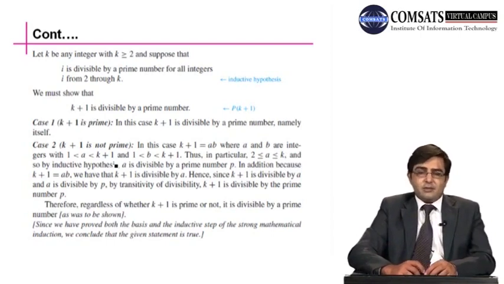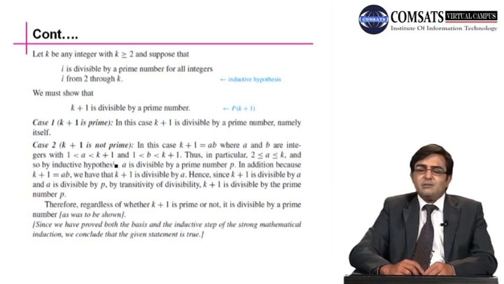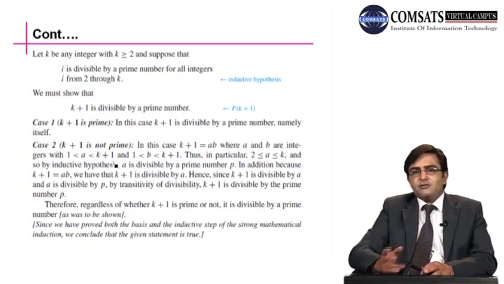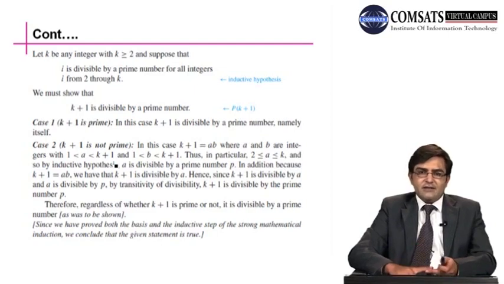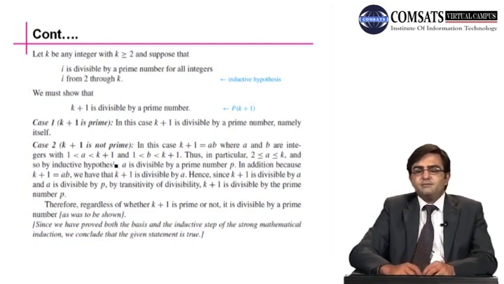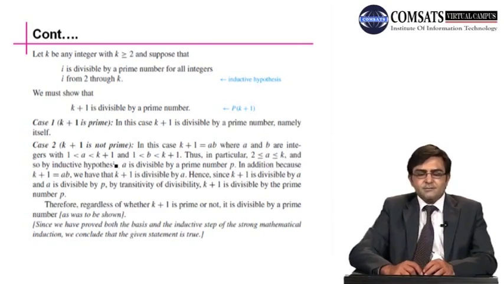If k plus 1 is not prime, then what happens? Then k plus 1 can be written as a product of two numbers a and b, where a and b both must be greater than 1 and less than k plus 1, by using the quotient remainder theorem or divisibility properties.